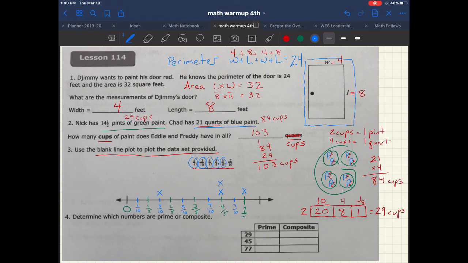Here's 3 fifths. And finally, 2 tenths. 2 tenths we said was the same as 1 fifth. So there we go. Got our line plot.